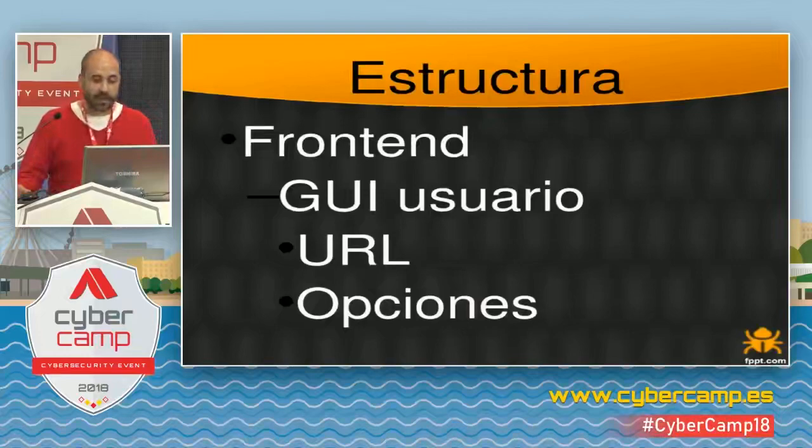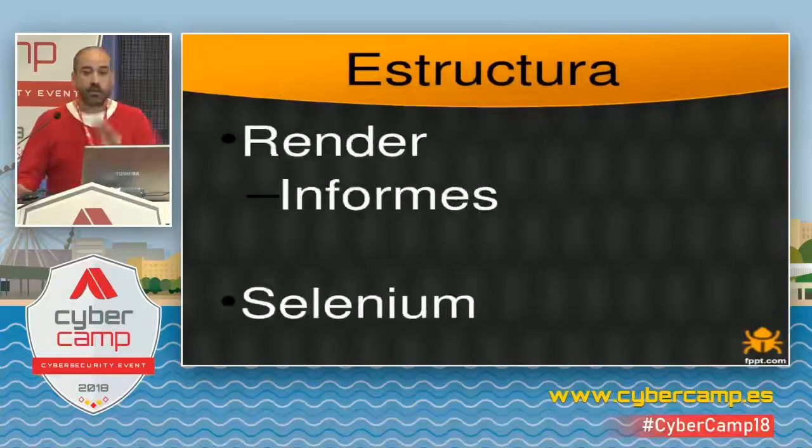And then at the front end, we have the GUI for the user, where you can include the URL that you want to check and different options to choose from. Then we have a standalone area that we've called render, in charge of report writing in two different formats.